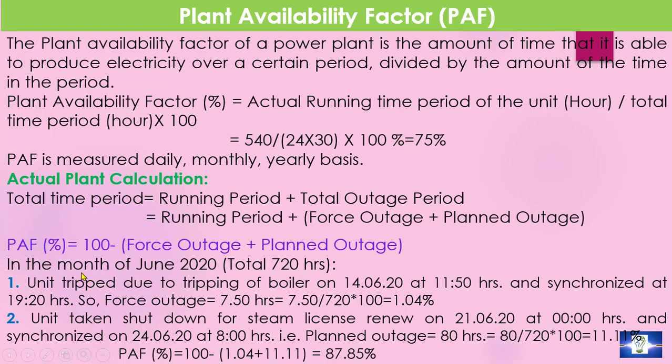So from the formula, we have said that plant availability factor is equal to 100 minus 1.04 plus 11.11, meaning 87.85%. That means the unit is running for 87.85%. So I think you understand well.